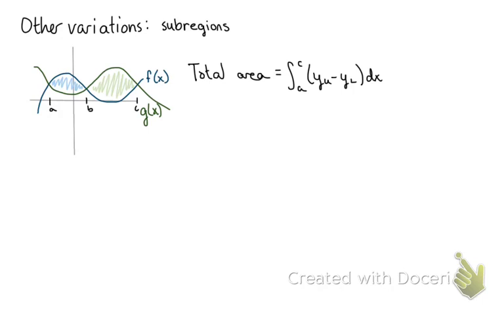Same rule. The left-hand x value is a, the right-hand x value is c, so I do the integral from a to c of upper minus lower y values with respect to x. Sure, no problem. Except that sometimes in that region f of x is the upper y value, and sometimes g of x is the upper y value. So you actually have to split it up.